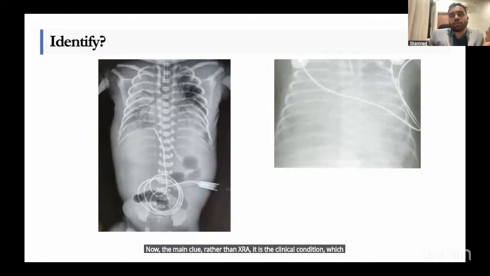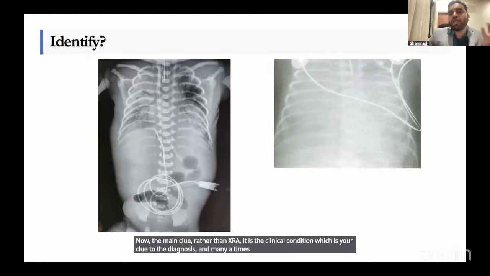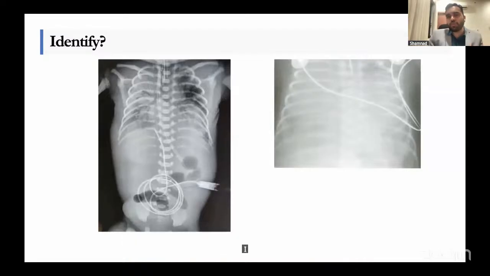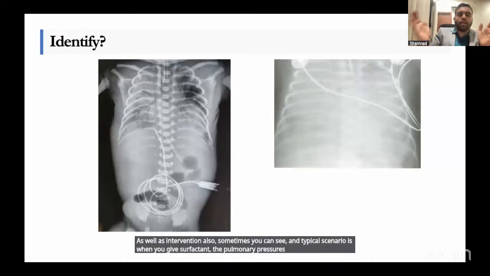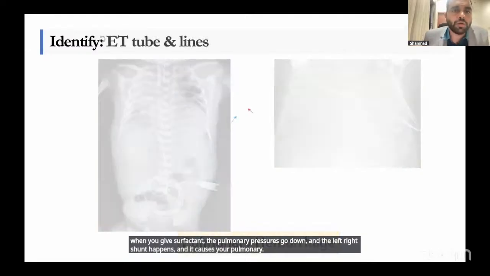Many a times in cases of pulmonary hemorrhage, you will see during suctioning bloody secretions coming from the ET tube, as well as while intubation sometimes. And the typical scenario is when you give surfactant, the pulmonary pressures go down and the left-right shunt happens and it causes your pulmonary hemorrhage. Okay.